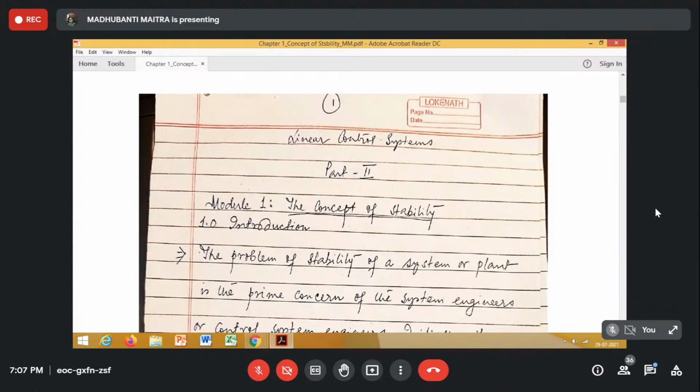Because the output signal is not following the bounded input signal. The output signal is not bounded at all, right? So we'll not be able to work with that system. Our purpose will be defeated, and hence, in that particular condition, we will classify the system as an unstable one. Do you get my point? Yes, ma'am.